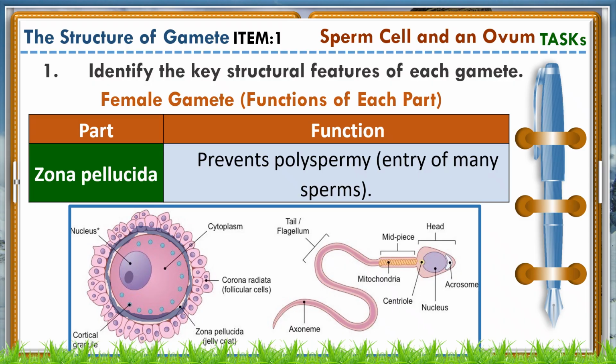And the zona pellucida prevents polyspermy. It prevents the entry of many sperms. So when the sperm comes, it will only allow one sperm to enter and prevents the other sperms from entering into the ovum. That is the zona pellucida. This one here, zona pellucida.